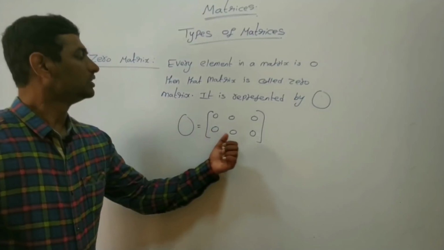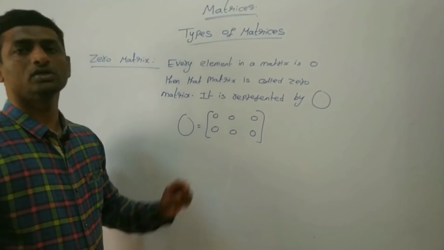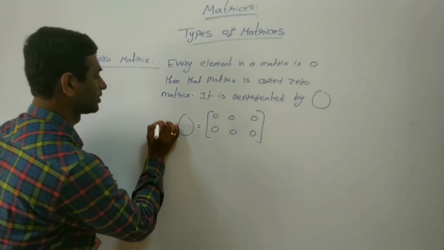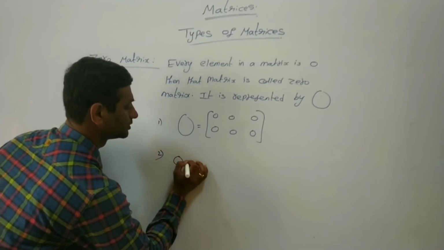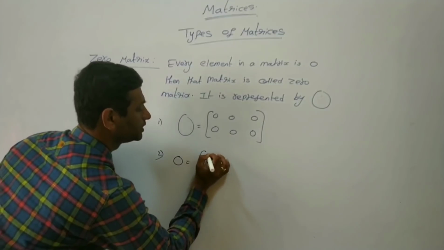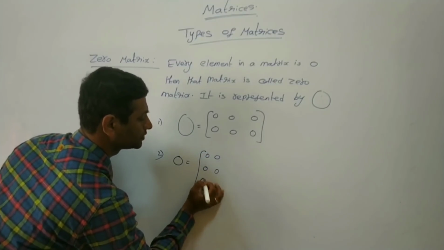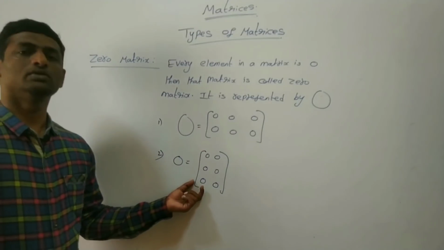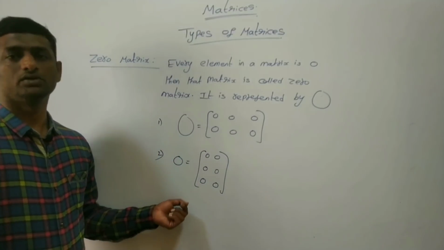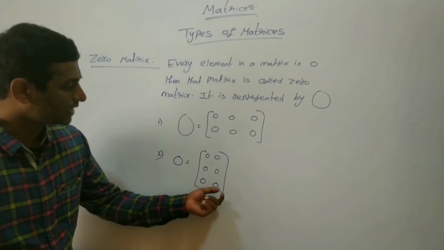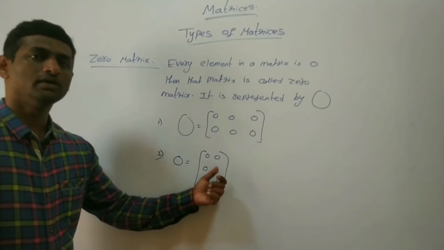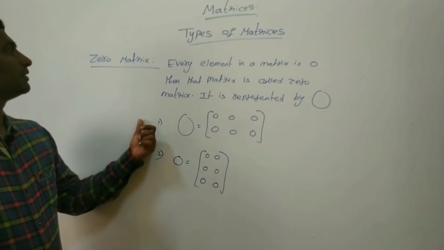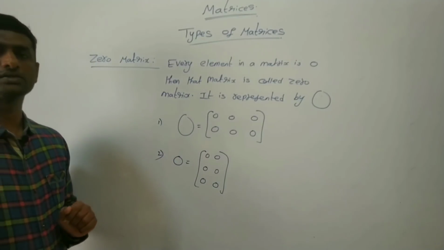It is a 2 by 3 matrix but with 0 elements, so it is a zero matrix. The other one, O is equal to 0 0, 0 0, 0 0. In this matrix also, every element is 0, so it is a zero matrix of size 3 by 2. So these are examples of one more type of matrix, the zero matrix.